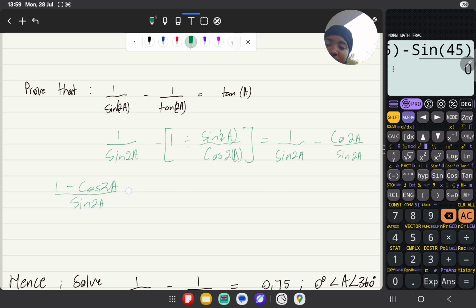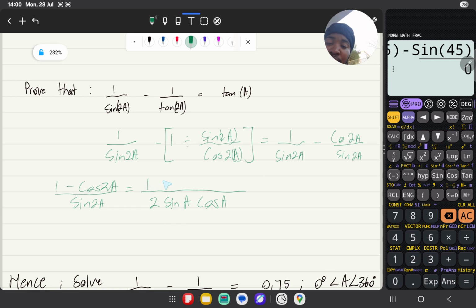Cool stuff. And then what do I do? Because now remember, I want to have sine over cos. So the denominator, I know for sure that I'm going to have 2 sine a cos a. So now I need something that's going to make the a's divide.